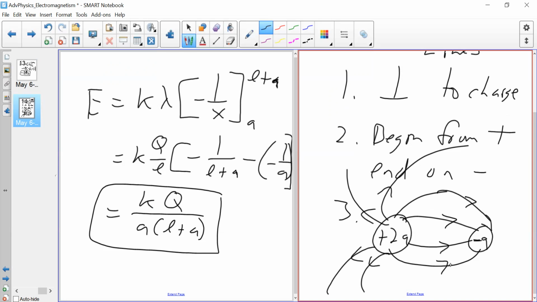See what I mean by that? So the number of field lines relates to the amount of charge. So if I have 8 from 2Q, 4 are going to end on negative Q. That makes sense?